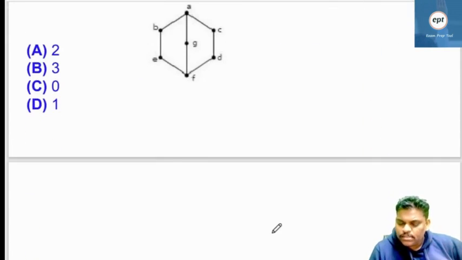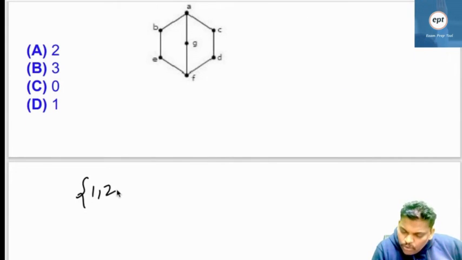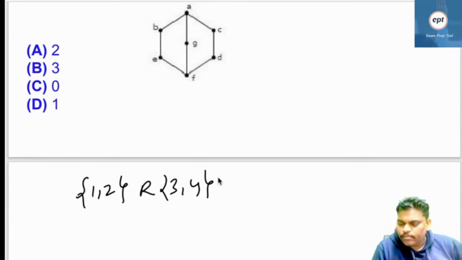Diksha, can you see this one? {1,2} is related to {3,4}. Listen, that relation is already there.